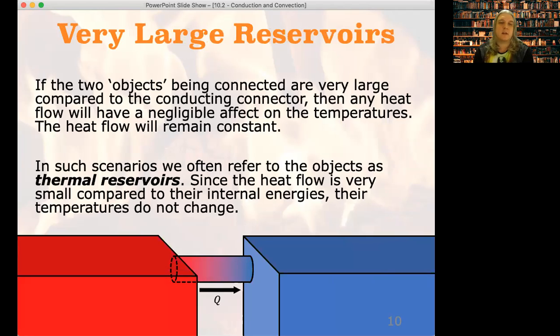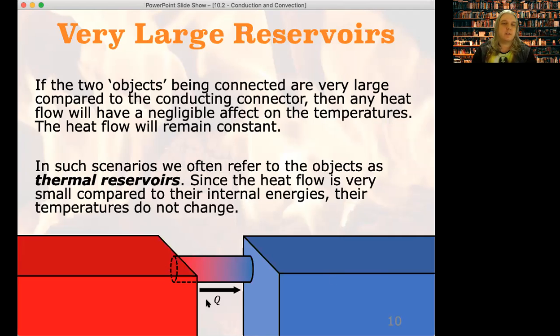We'll get a constant heat flow because those two temperatures are never actually changing. When we talk about really big objects like this, where the heat flow is not having an effect on the temperature, we generally refer to them as thermal reservoirs. That's just our way of indicating that the heat flow that's happening is negligible compared to the internal energy of the object.